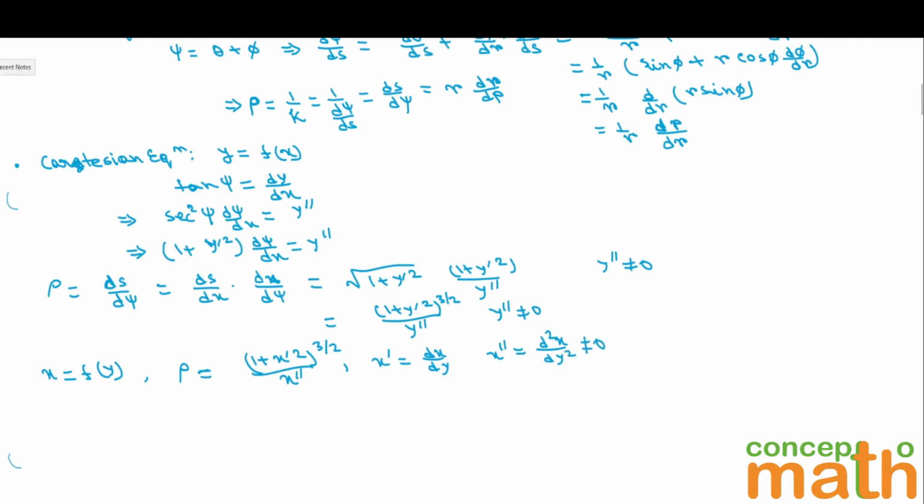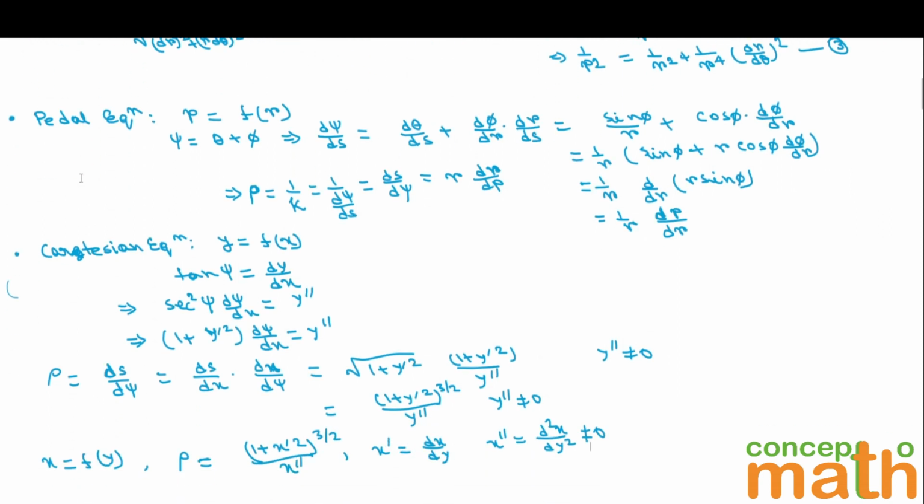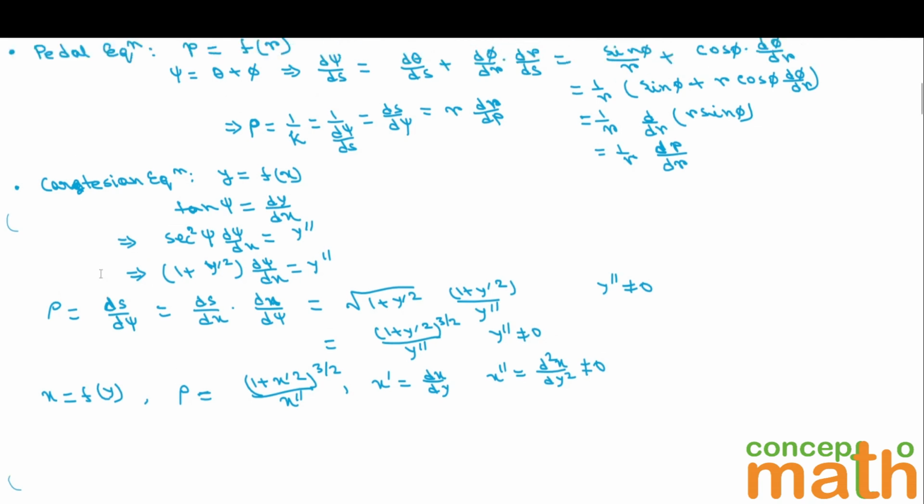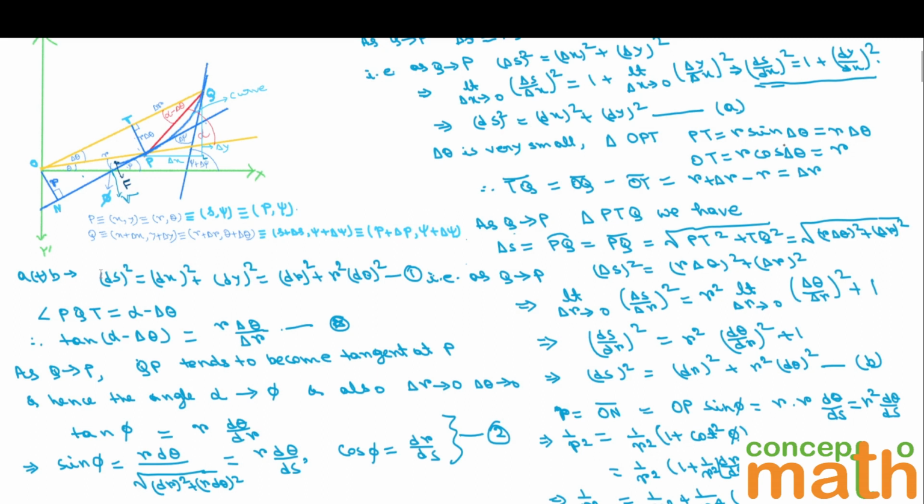So for these two kinds of equation we have formulated the expression for radius of curvature, but there are several other coordinate systems by which the equation of a curve can be expressed. So instead of proving all those results, we will only give the expression for radius of curvature in those systems, which can be found using the three building blocks which we have proved.